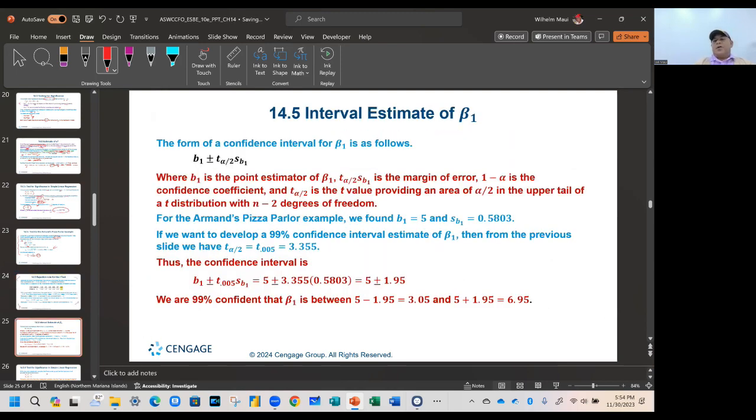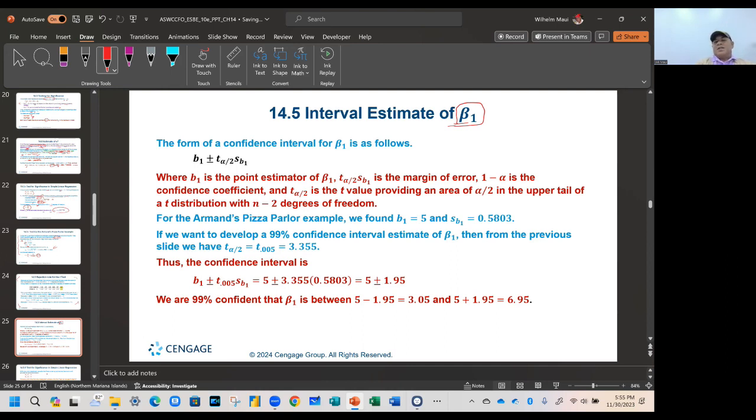And then the same thing for estimating your beta 1 interval. We know that beta 1 is just a point estimate. To be confident and have more knowledge about the nature of that coefficient, the x coefficient, you want to come up with your interval estimate.